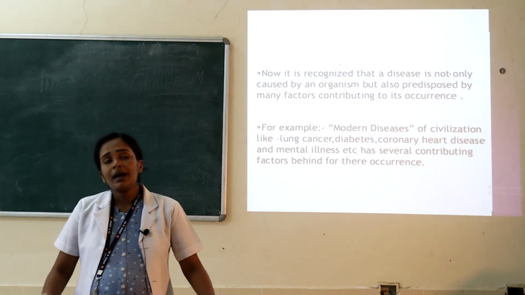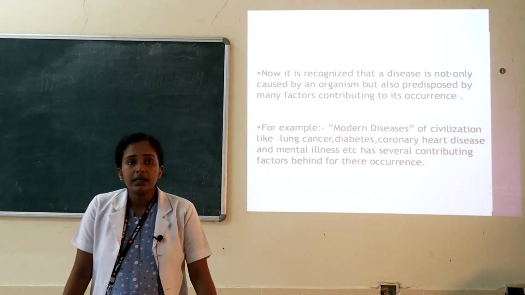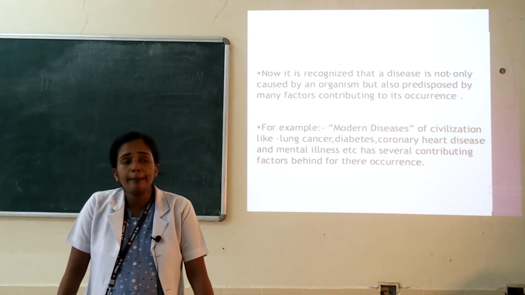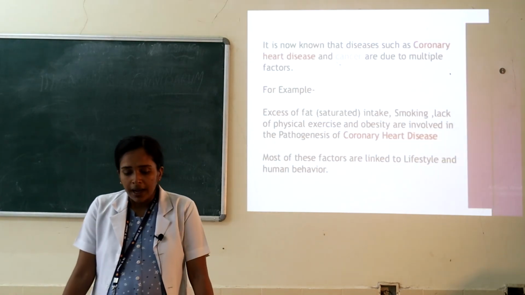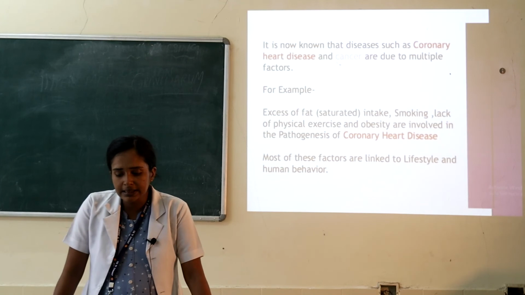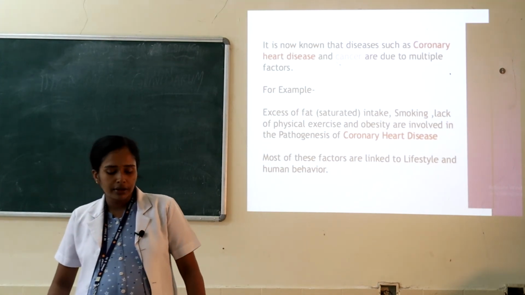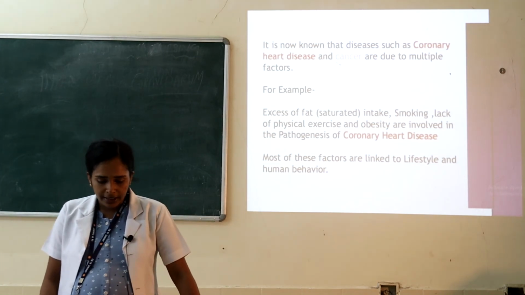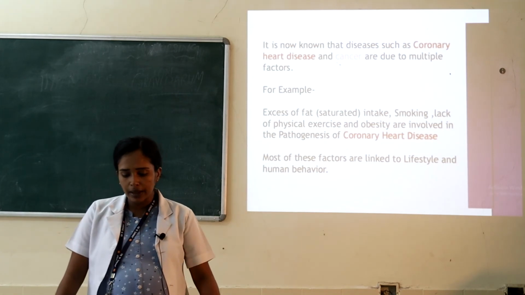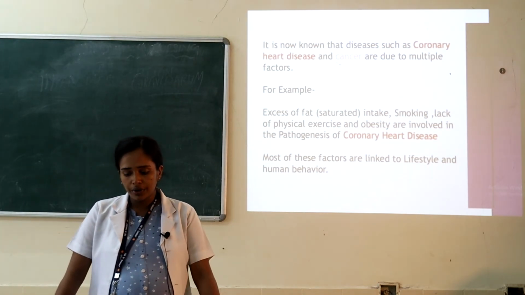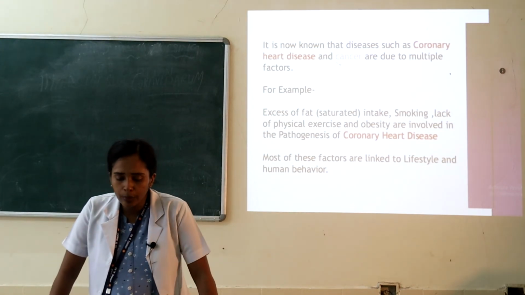According to the multifactorial theory, lifestyle diseases are caused by different kinds of multiple factors. It is now known that diseases such as coronary heart disease and cancer are due to multiple factors. For example, excess fat intake, smoking, lack of physical exercise and obesity are involved in the pathogenesis of coronary heart disease. Most of these factors are linked to lifestyle and human behavior.